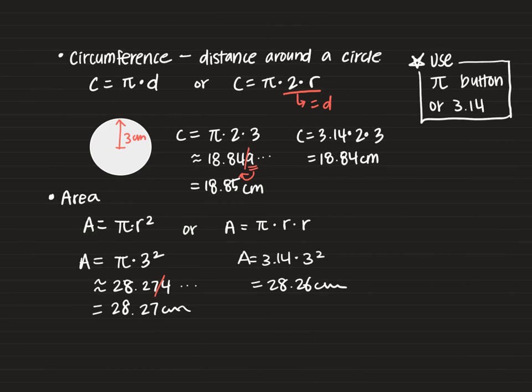Okay, what if you have a circle with a diameter of 12 feet? How can we find out the area of a circle when you only have a diameter? The first step is to identify what your radius is going to be. We already established that diameter is 2 times the radius because radius times 2 or radius plus radius will give you the diameter.